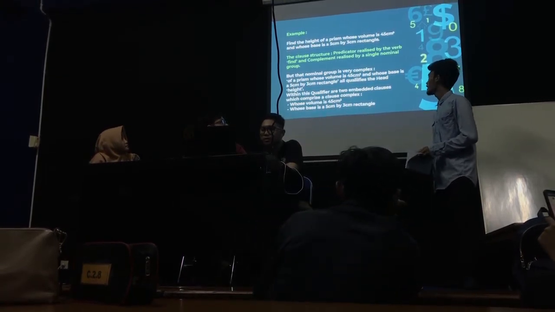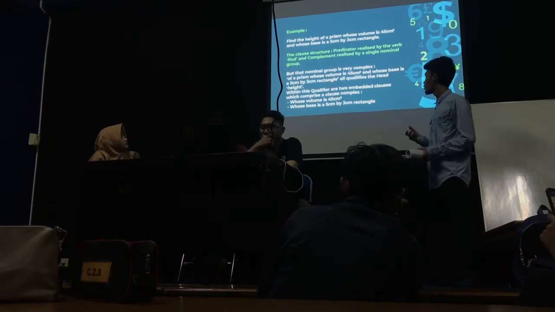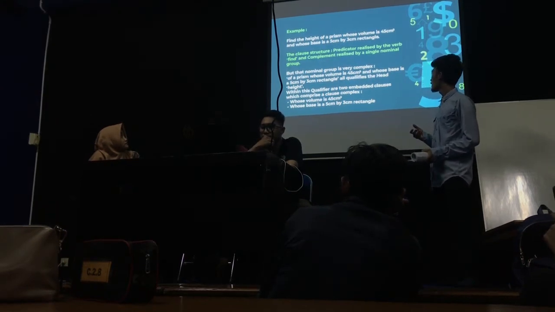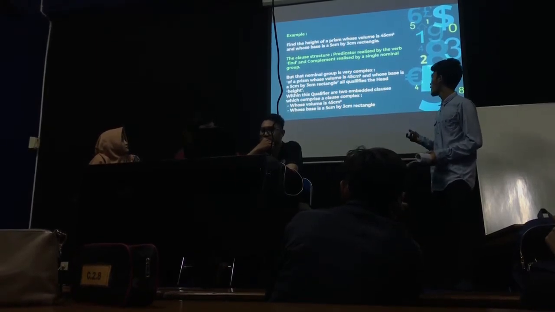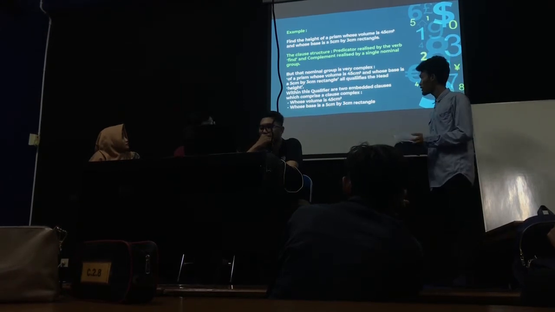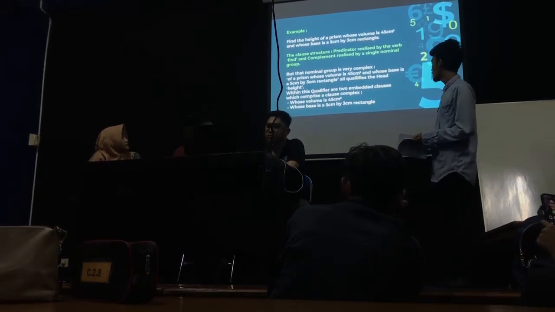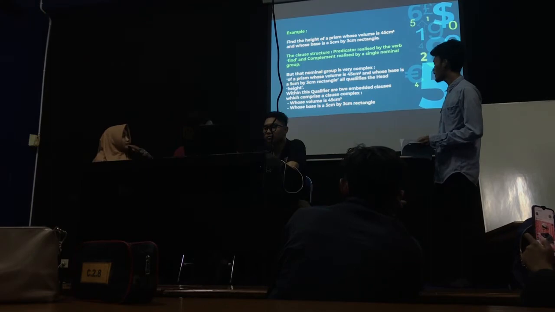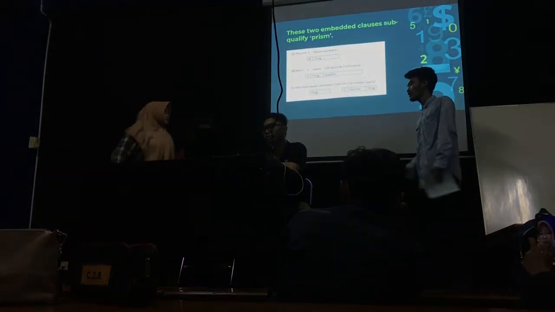But that nominal group is very complex. Within this qualifier are two embedded clauses which comprise a clause complex. The first is whose volume is 45 cm and the second is whose base is a 5 cm by 3 cm rectangle. The next presentation will be delivered by the next speaker.